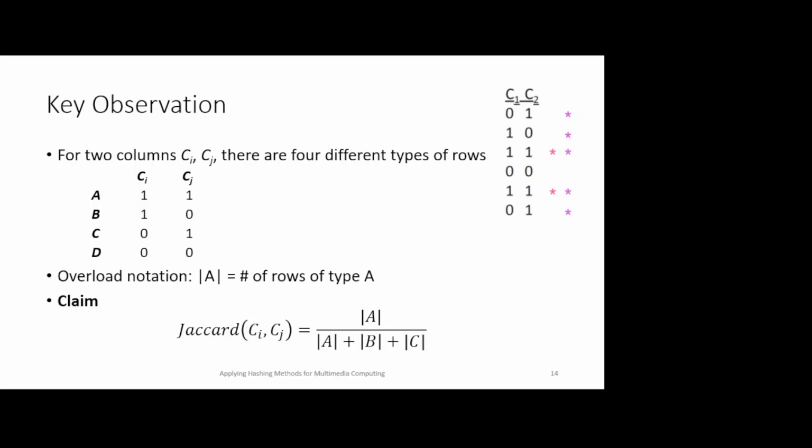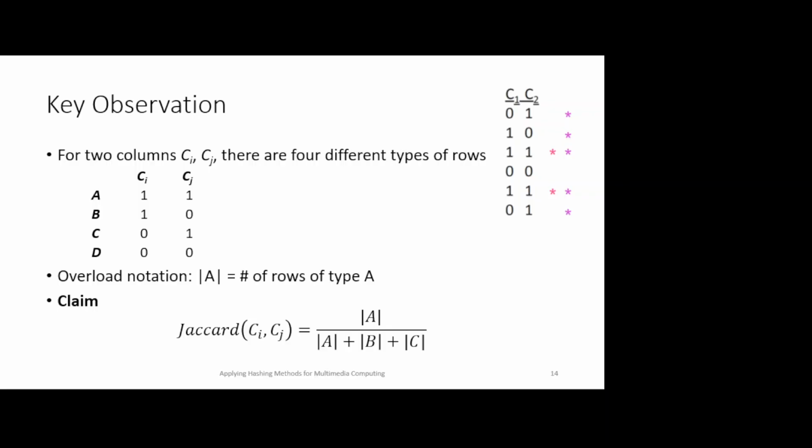We go to the binary matrix here. You see, there are 4 different types of rows: A, B, C, D. The A rows are 1, 1, like this, 1, 1, 1, 1. This belongs to the A type.